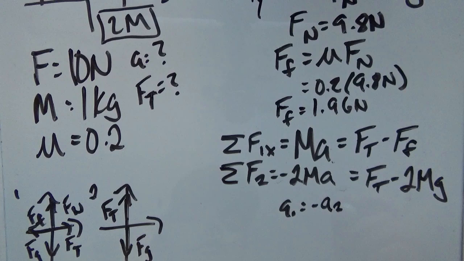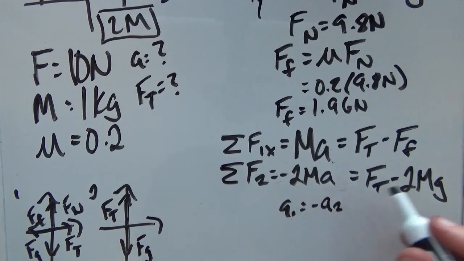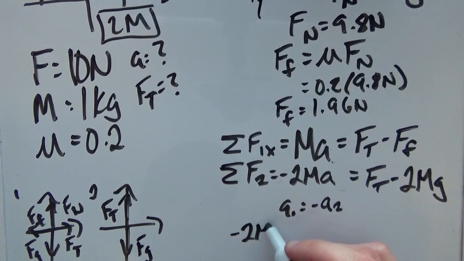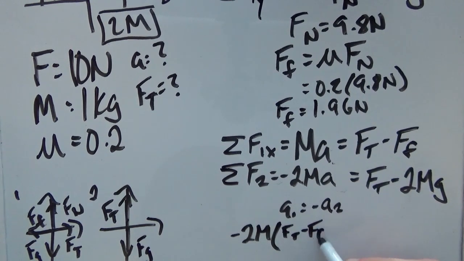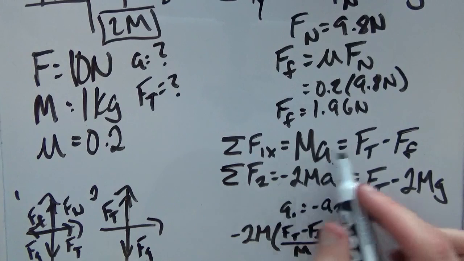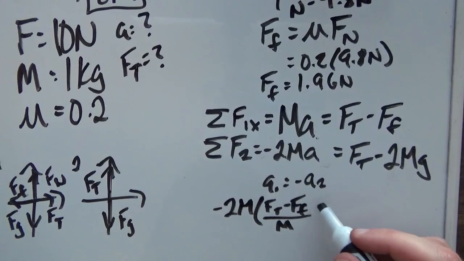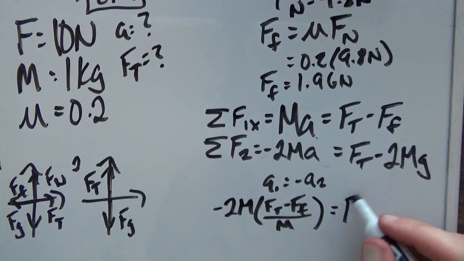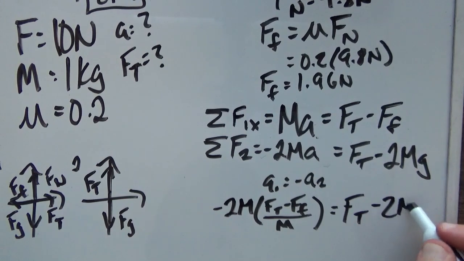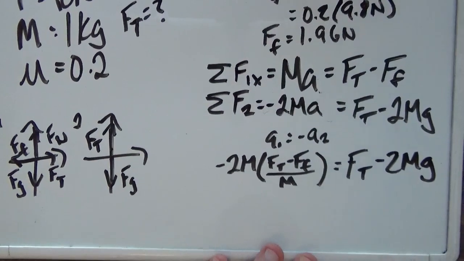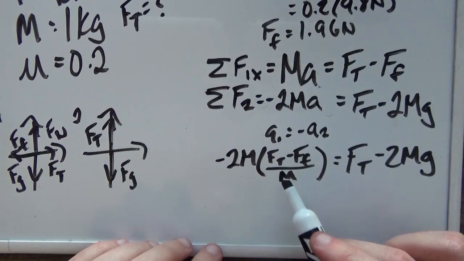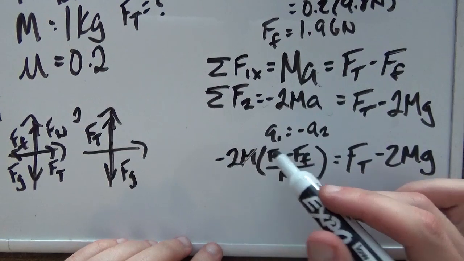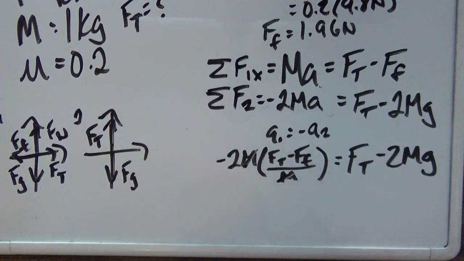It's equal, fortunately, to the same thing that it was before. So negative 2m is equal to just ft minus ff divided by m, right? Because that's what you would get here if you solve for A. Equal to ft minus 2mg. So we know ff, we know mg. We can solve for force of tension. These m's cancel.